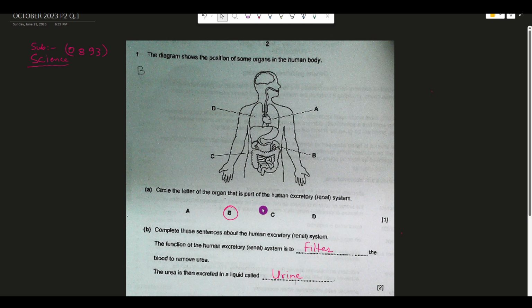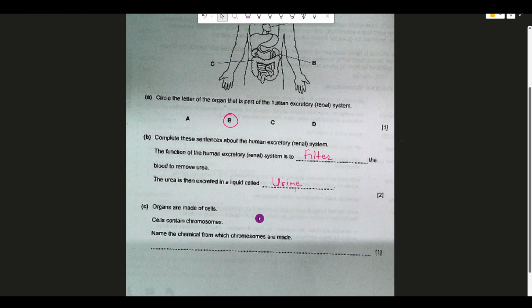Let us move on to sub question C. It says that organs are made up of cells, and that is very obvious, and cells contain chromosomes, which is also correct because inside every cell there are chromosomes. They have asked you to name the chemical from which chromosomes are made.